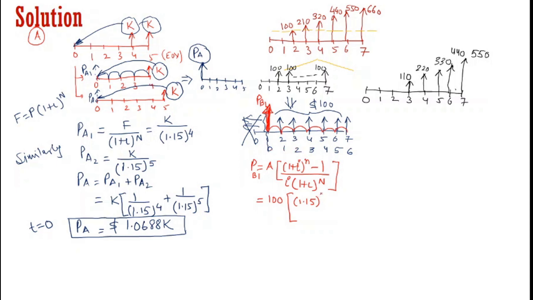So it will be 1.15 to the power 6 minus 1 upon 0.15 times 1.15 to the power 6. If you compute this, it comes out to be $378.44.